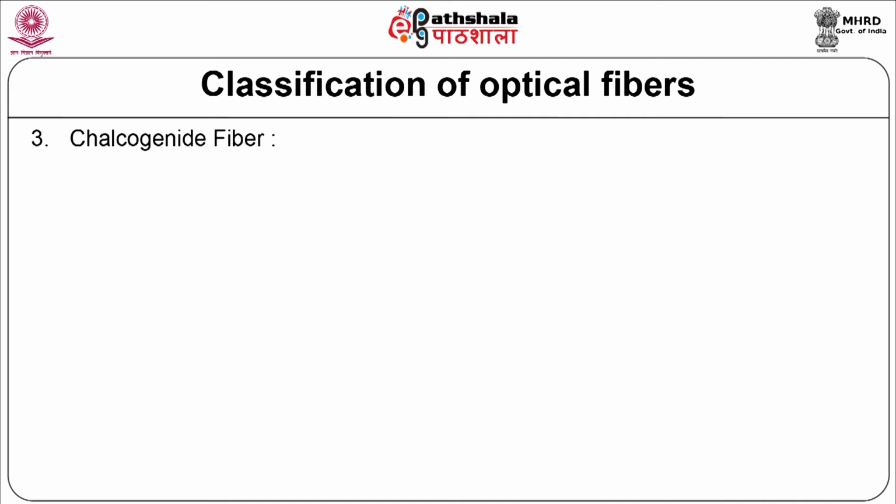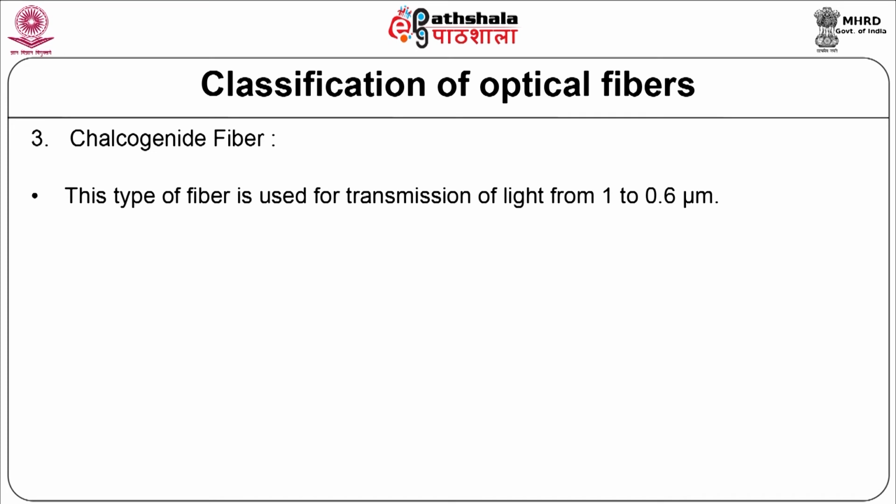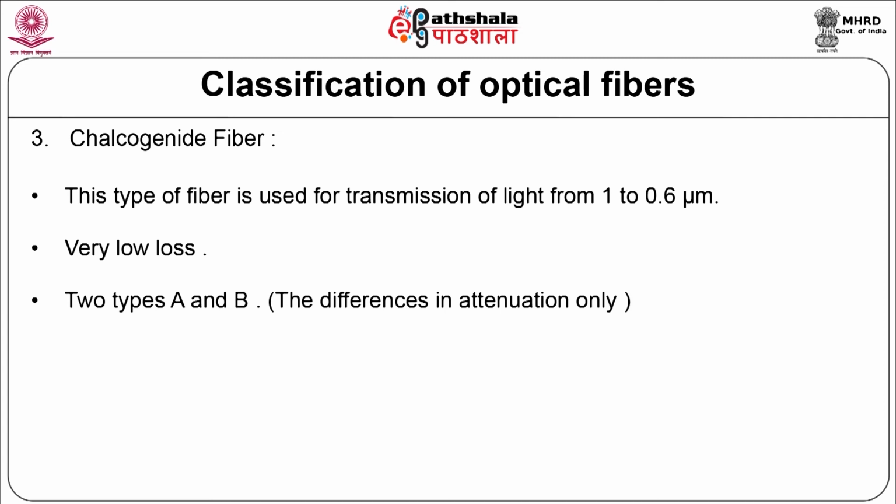Next is chalcogenide fiber. It is used for the transmission of light from 1 to 6 micrometer range. Low cost. There are two types of this chalcogenide fiber, A and B. The difference is in the attenuation.